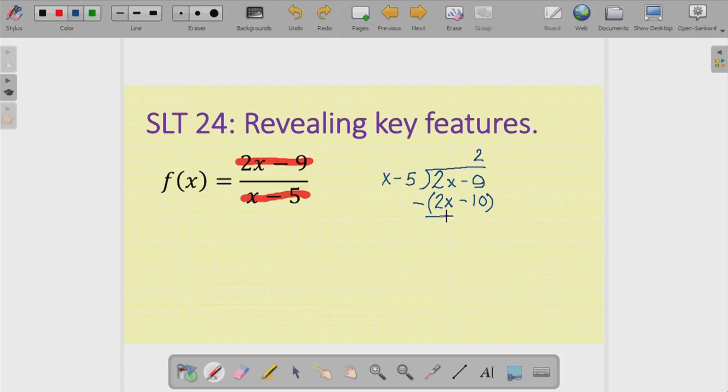And subtracting gives a positive 1 as the remainder. And a lot of people would just kind of stop there and be like, done. But we actually want to say what we've just done. We've just said, in essence, that the original expression 2x minus 9 divided by x minus 5 is equal to 2 plus 1 over x minus 5. That's in fact what we have just said.